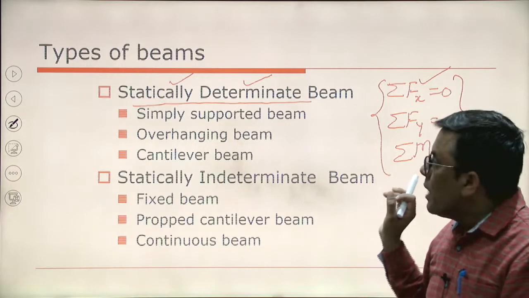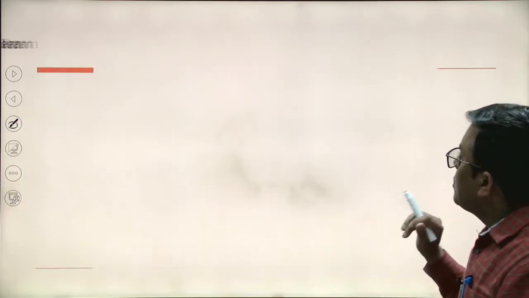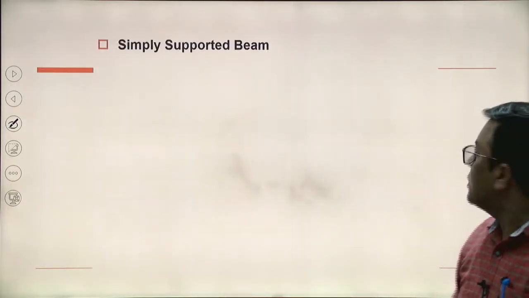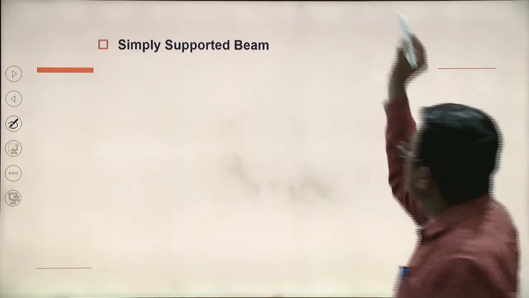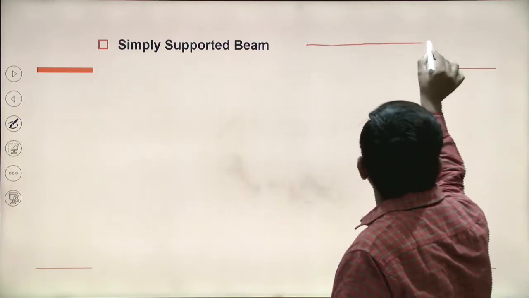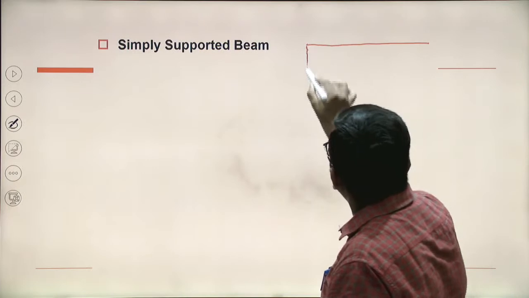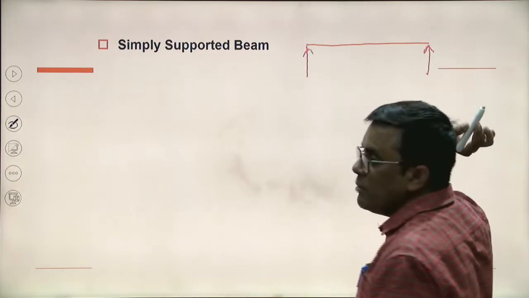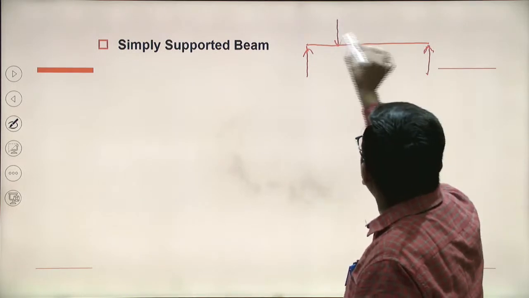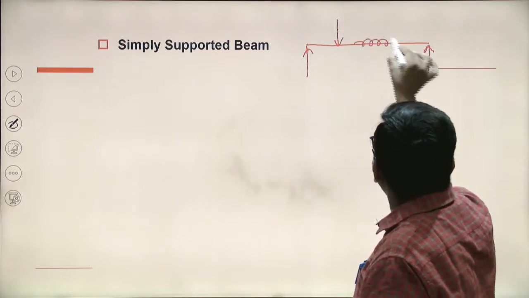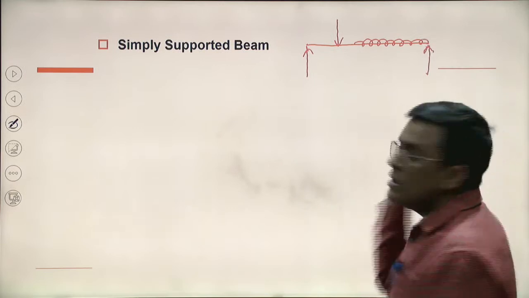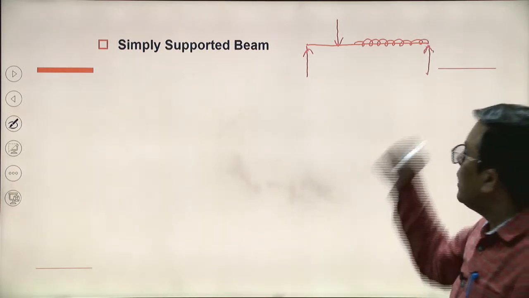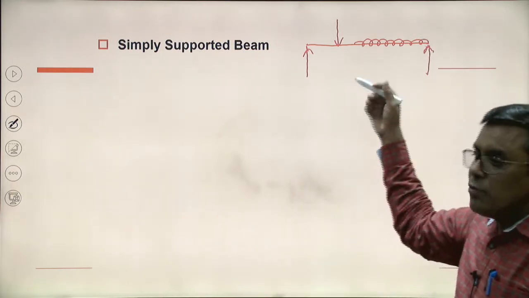So now I am coming to that, okay, why simply supported beam. In a simply supported beam, as I told, supports will be at the extreme ends. Load can be of any kind. It can be a point load, a uniformly distributed load, or a uniformly varying load.